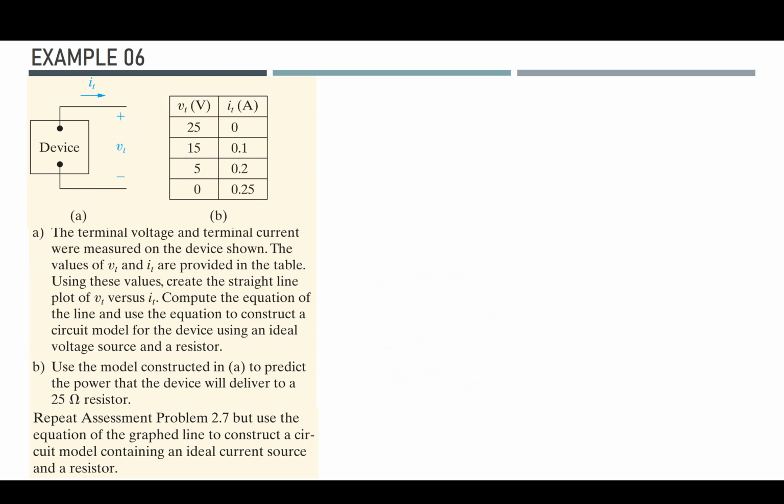We are given some measurement results, and from these measurement results we are supposed to create a model for this unknown device. The terminal voltage and terminal current were measured and shown as in the table. Using these values, we will first create a mathematical expression, then try to find an appropriate circuit model for this.